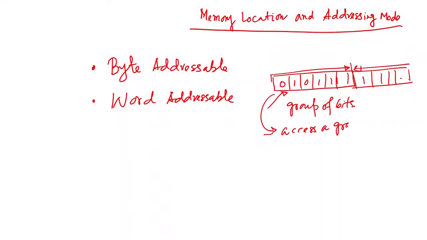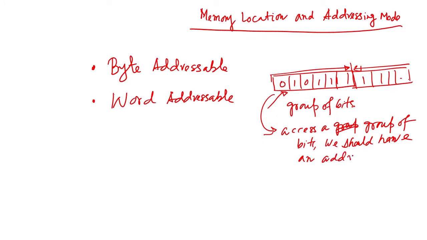In other words, to access a group of bits, we should have an address or a distinct name for the group.